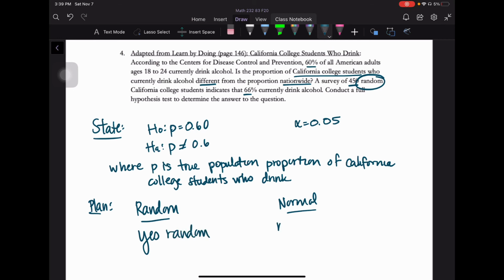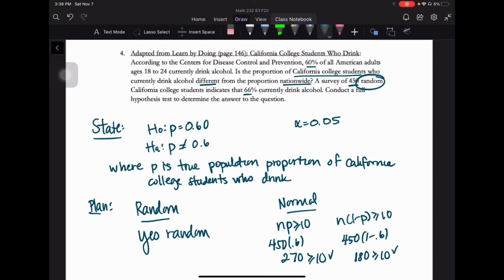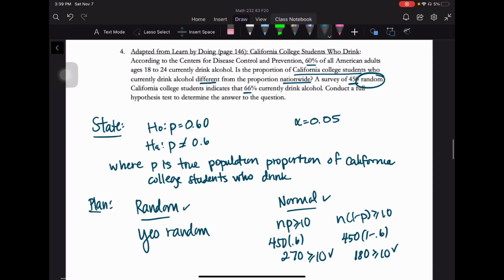And then we have to check our normal conditions by doing np greater than or equal to 10 and n(1 minus p) greater than or equal to 10. Well, n was 450 and our population proportion was 0.6. So we have 450 times 0.6 and 450 times 1 minus 0.6, which gives us 270 and 180, which are both greater than or equal to 10. So normal is met and random is met.